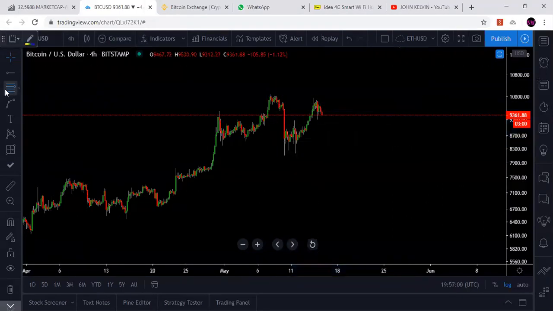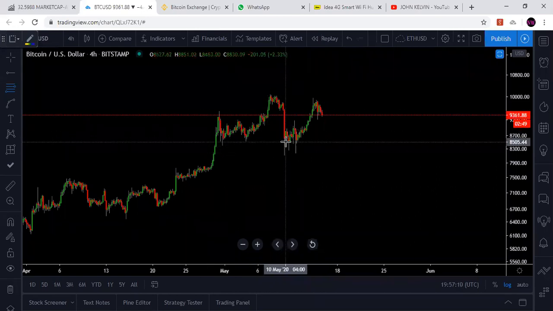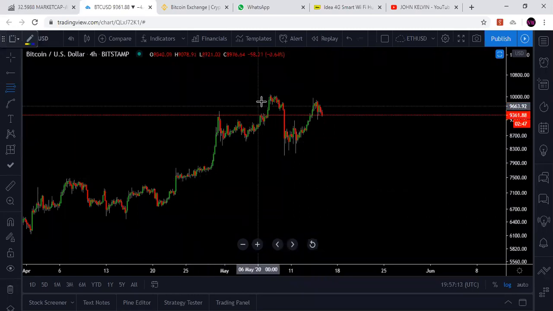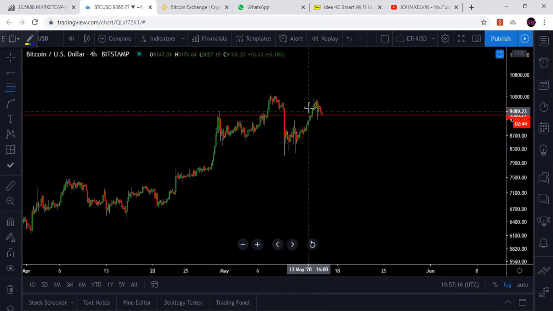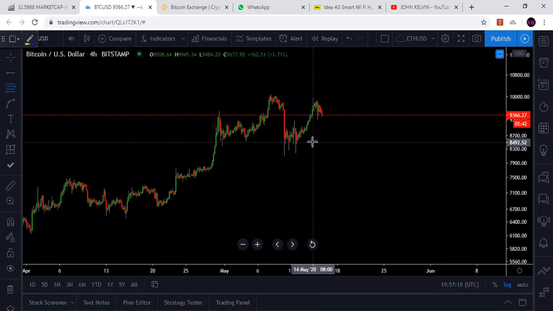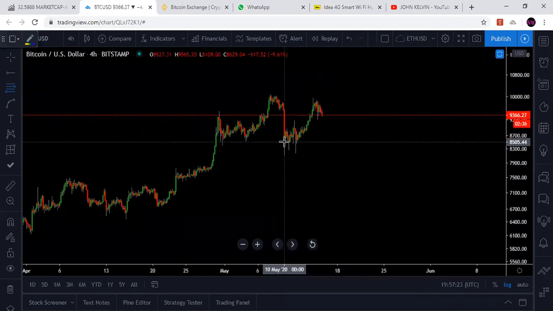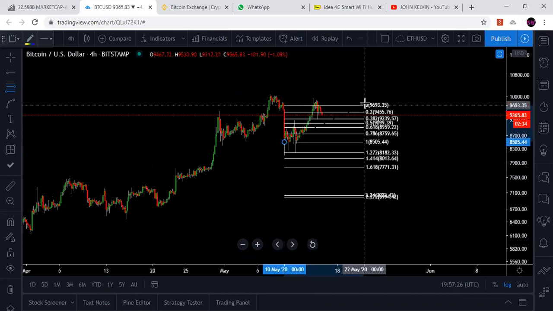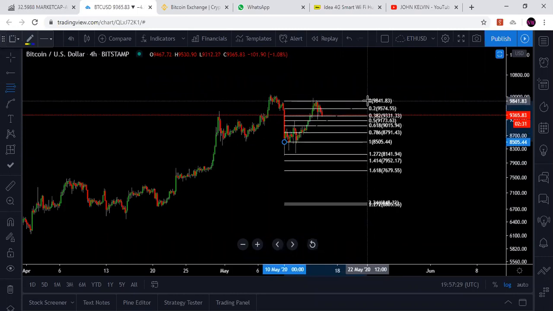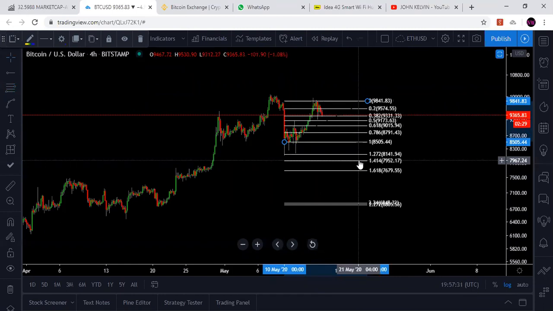Then lastly, and the most important part, is our D, which is the major target to the downside. Now, when we wanted to get the B, we dropped our fib here up to A, and we got our B. To get the C, we dropped our fib here down to B, we got our C. Now to get the D, we'll drop our fib here and drag it to the upside to get our D. Now the D ratio would be the three extension ratios.